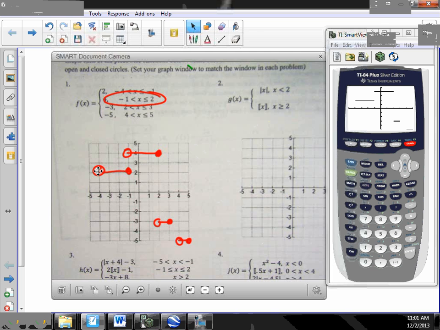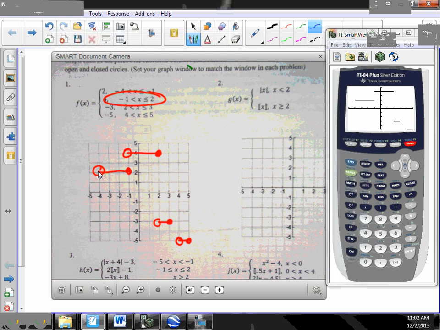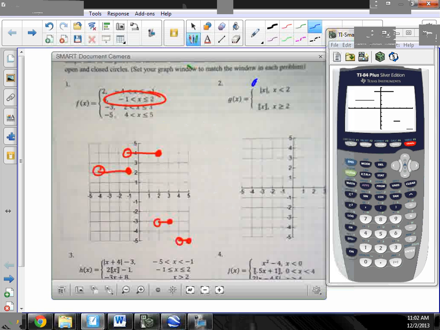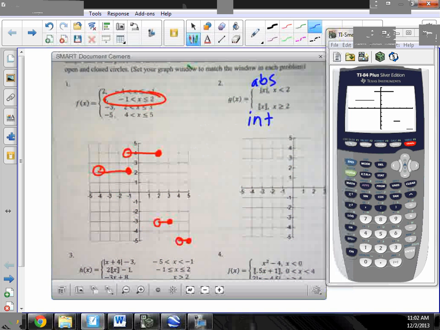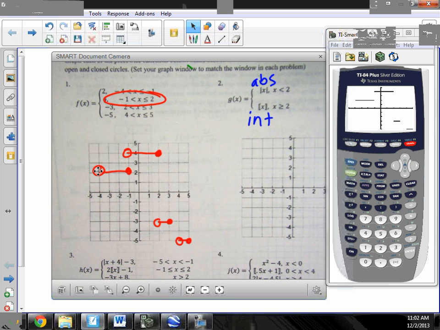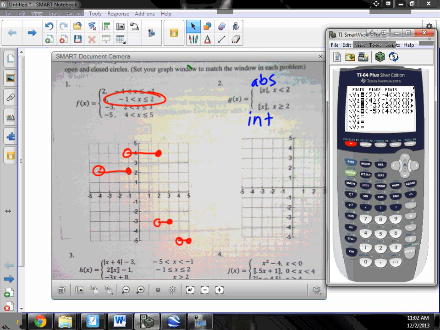Okay, so for number 2, the top one is an ABS function, absolute value, and the bottom one is an INT function, which is greatest integer. So clear out all of your equations.